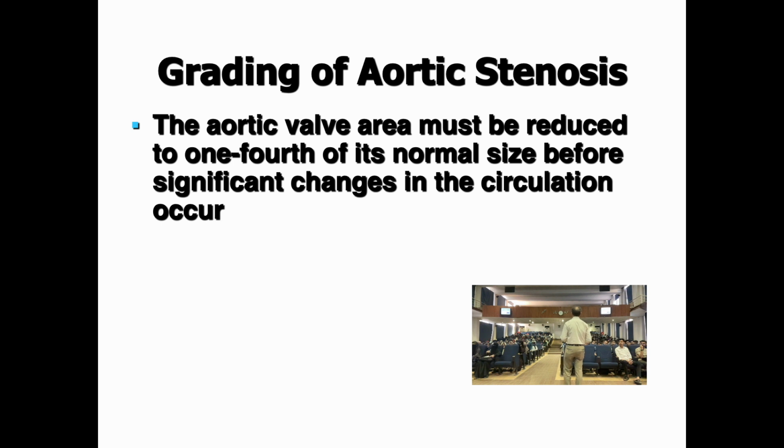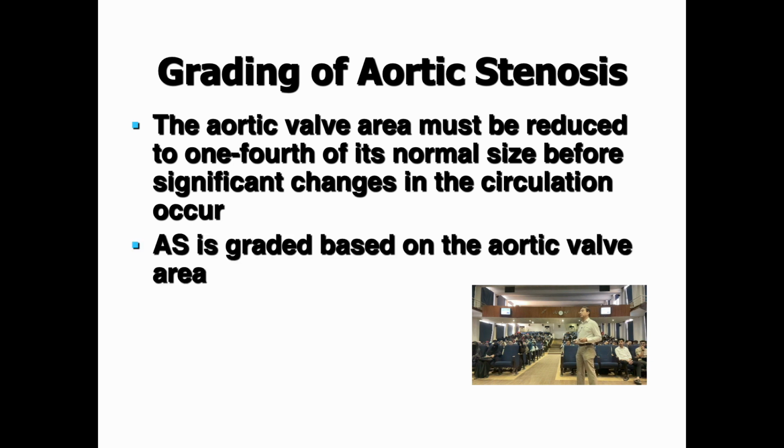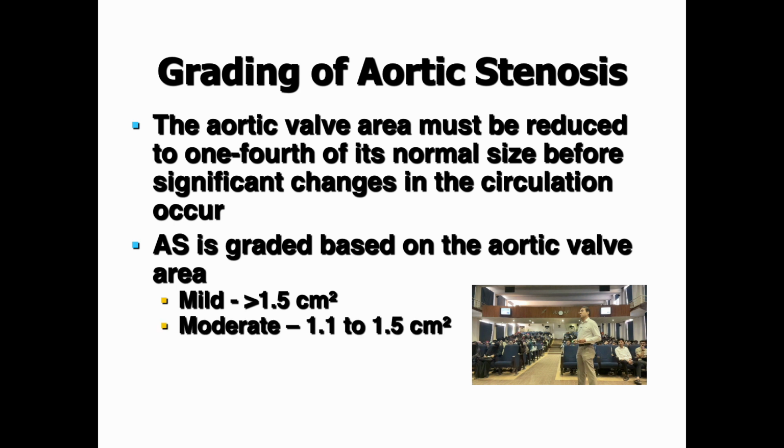The heart can tolerate mild degrees of stenosis and mild degrees of regurgitation. There is no problem clinically to the patient. AS is graded based on the aortic valve area: mild if it is more than 1.5 centimeters square, moderate between 1.5 to 1.1 centimeters, and severe if it is between 1 to 0.75 centimeters.